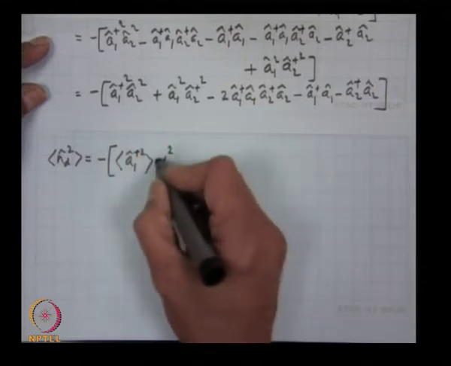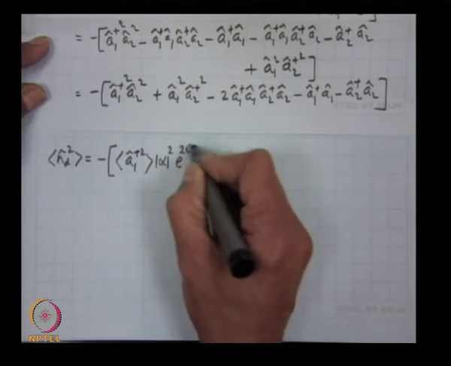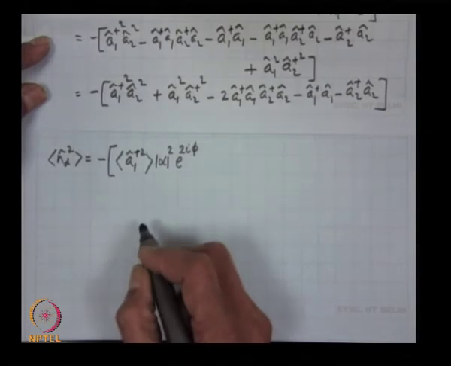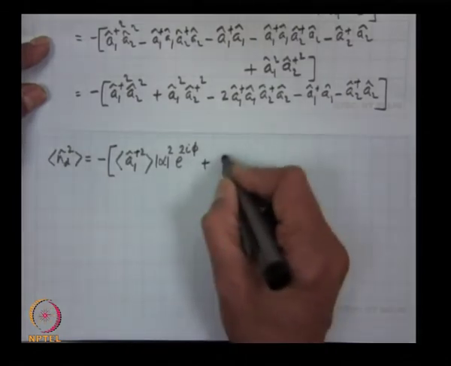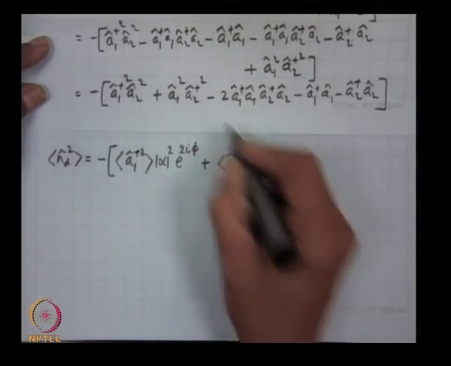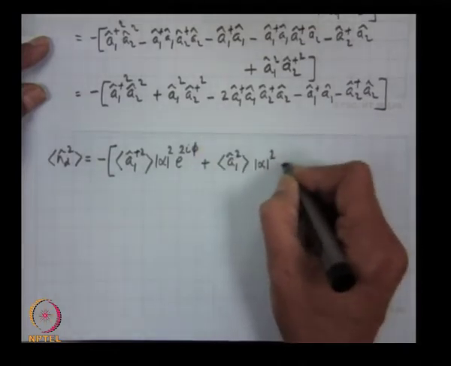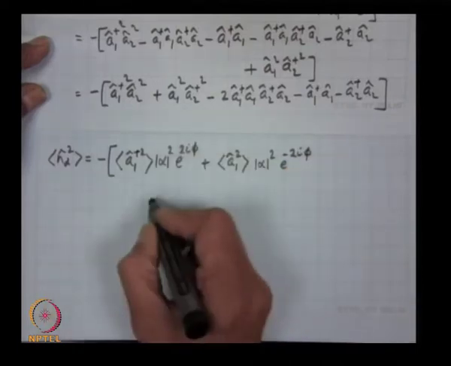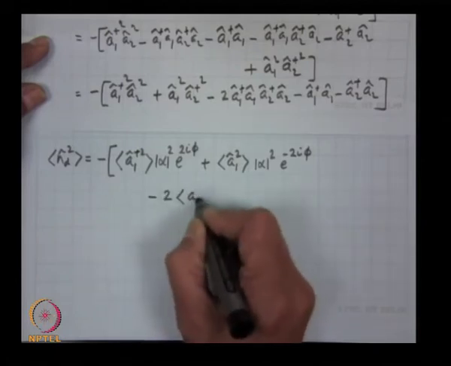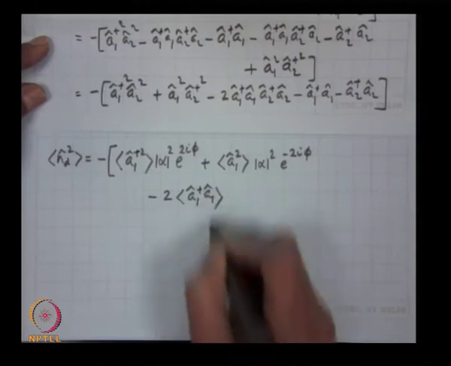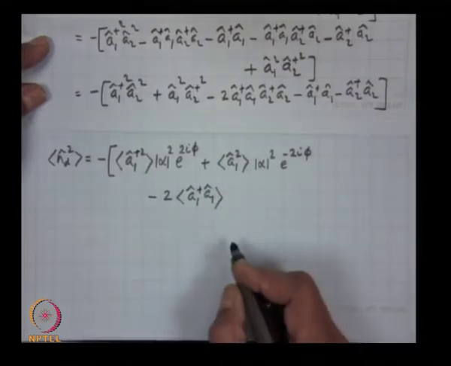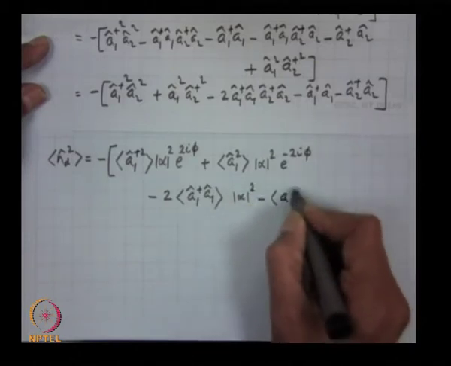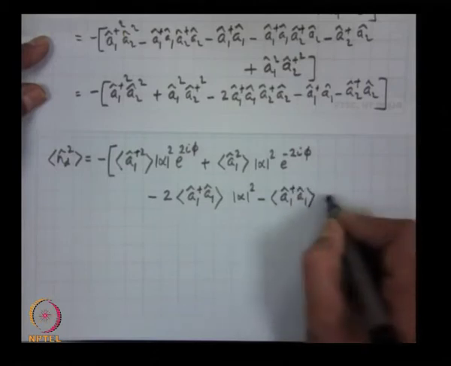So mod alpha square exponential 2I phi, because alpha is mod alpha exponential I phi, plus expectation value of A1 square into mod alpha square exponential minus 2I phi, minus twice expectation value of A1 dagger A1. What is expectation value of A2 dagger A2 for coherent state? Mod alpha square, minus expectation value of A1 dagger A1, minus mod alpha square.